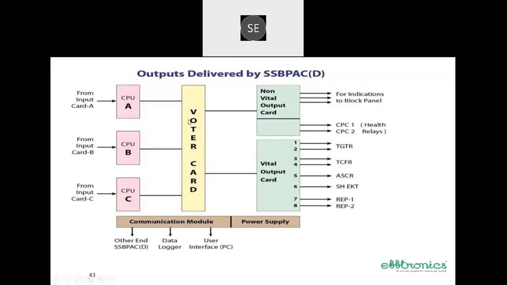The CPU produces the output to the voter card. This voter card compares or evaluates the output of 3 CPUs: CPU A output, CPU B, and CPU C. It checks whether CPU A is equal to CPU B, CPU B is equal to CPU C, and similarly CPU C is equal to CPU A or not. And it drives the output cards, like vital output and non-vital output, only when any 2 outputs of the 3 CPUs are equal.